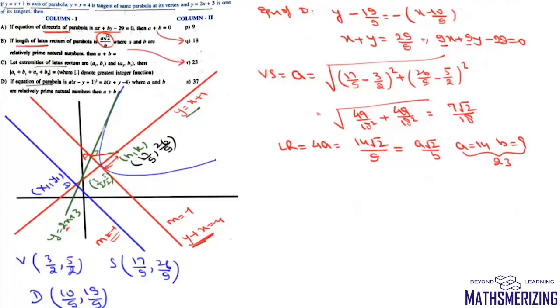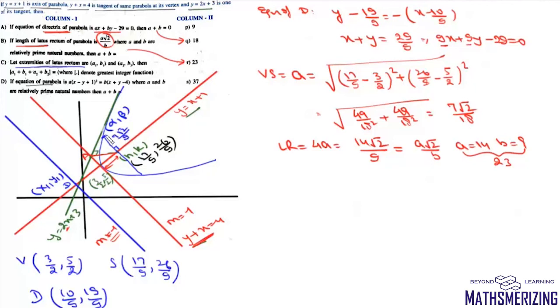Now the third thing that we need to find is the extremities of the latus rectum. We know that the latus rectum is a line which passes through the focus and is perpendicular to the axis. So we'll say this point is, suppose, (alpha, beta), and it is at a distance of 2a. And what's 2a? 2a is 7 root 2 by 9 units.